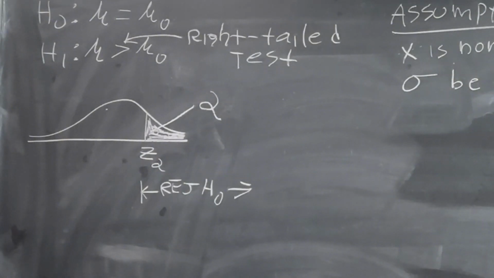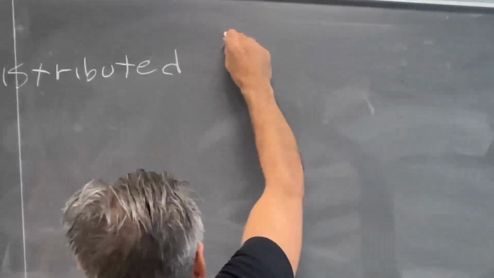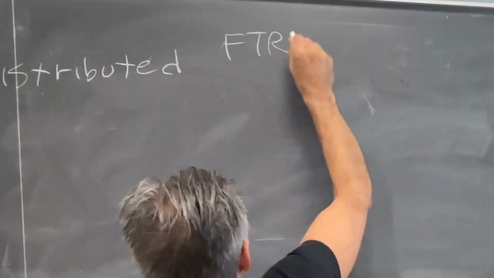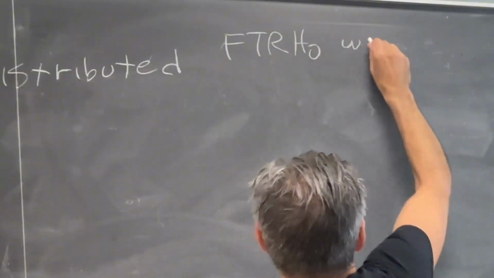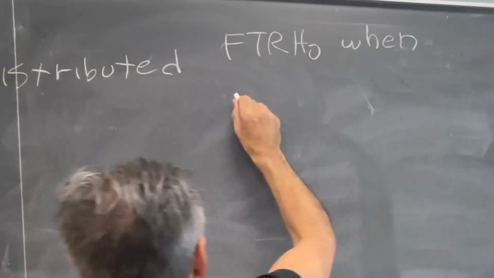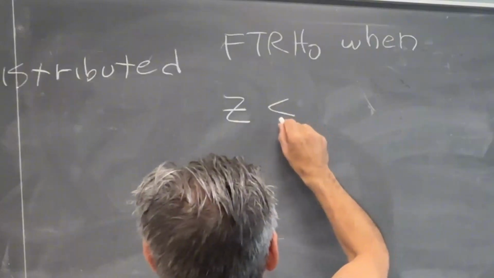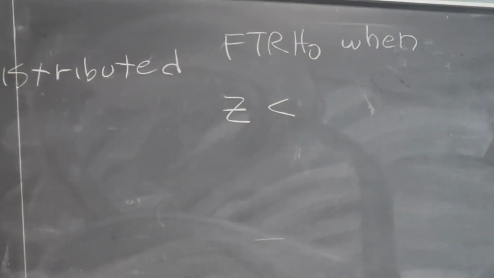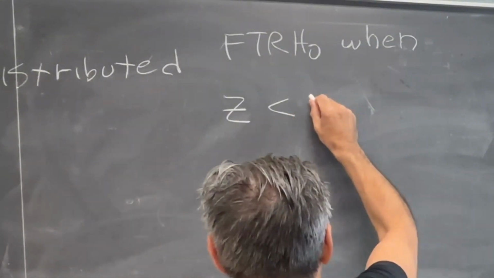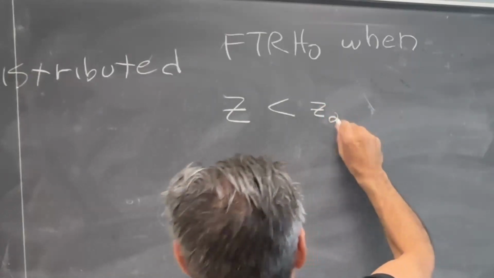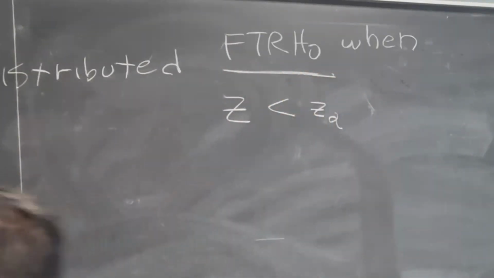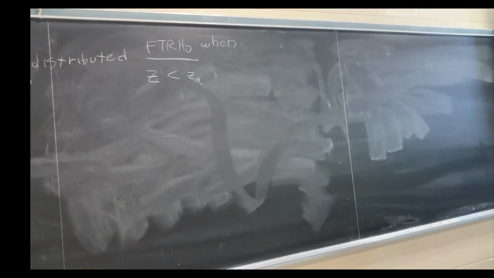But there's an algebraic way to conceptualize it, which might even be easier to visualize. So we fail to reject the null hypothesis when our z-score that we observe is less than our z sub alpha. Now notice I said fail to reject over here, but I said reject over here.